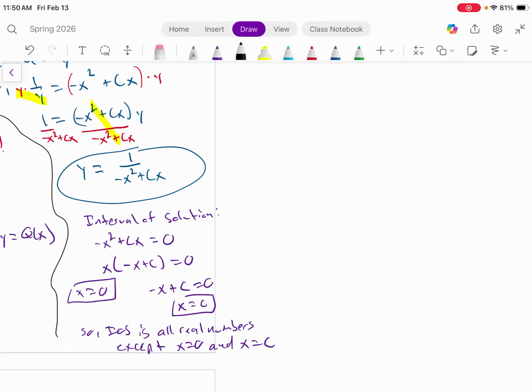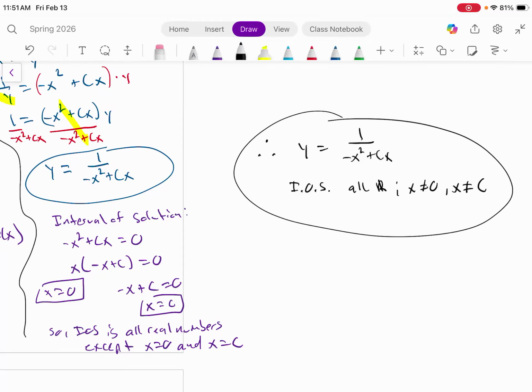So here I'll say, therefore, y equals 1 over negative x squared plus cx. And the interval of solution would be all real numbers, x can't equal 0 and x can't equal c. And that's the answer.